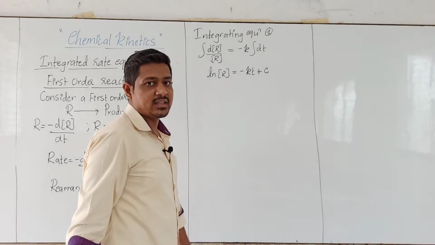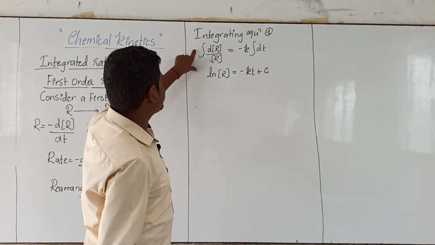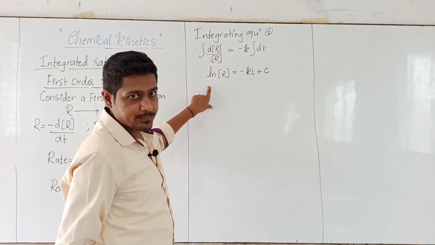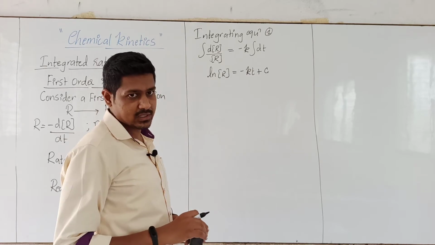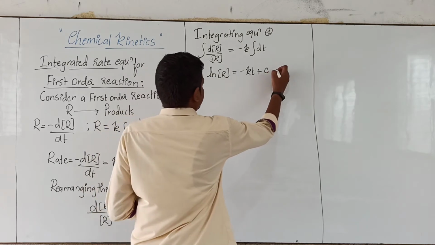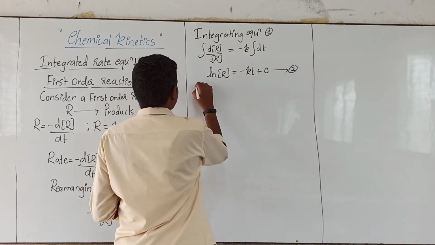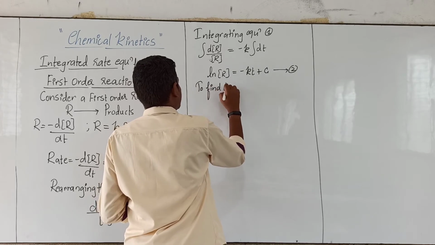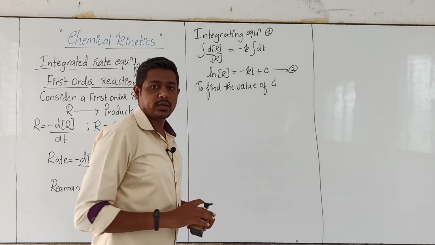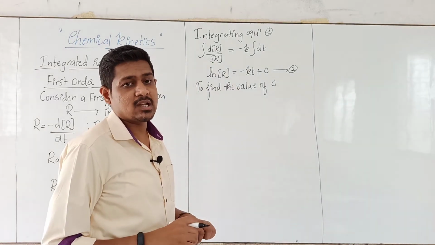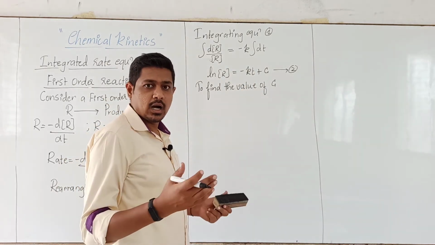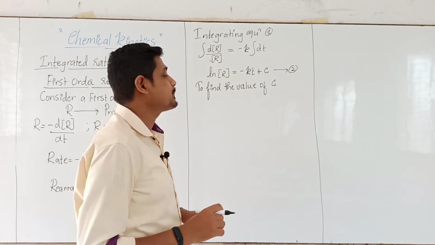Again, what is c? C is an integration constant. Integration of this gives ln of R. Ln means natural log. We will study this in integration, so I will not go into detail of that. Now let us say this is equation 2. To find the value of C, recall that when we were deriving the integrated rate equation for zero order, there was also an integration constant. How did we get its value?